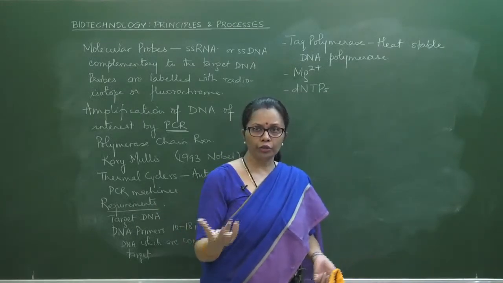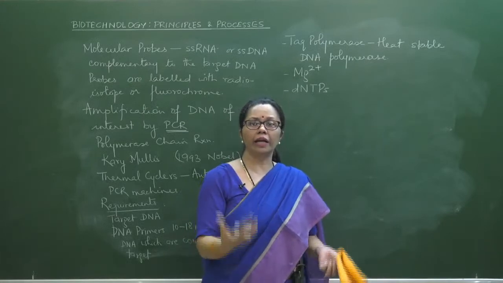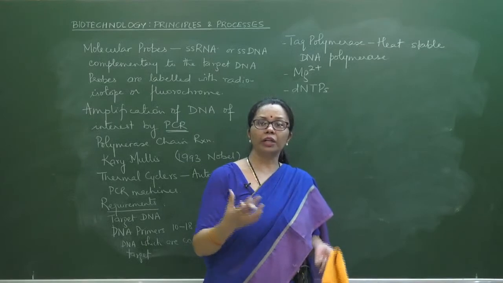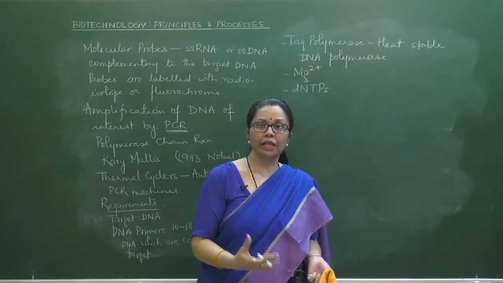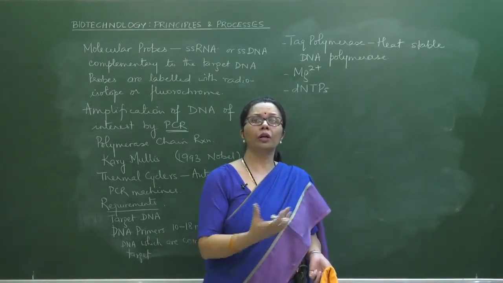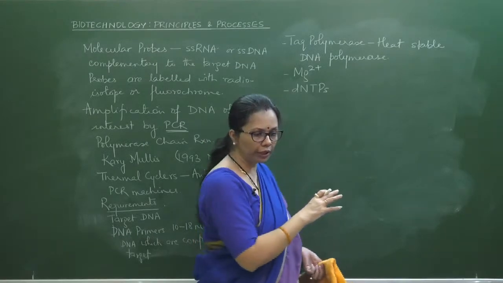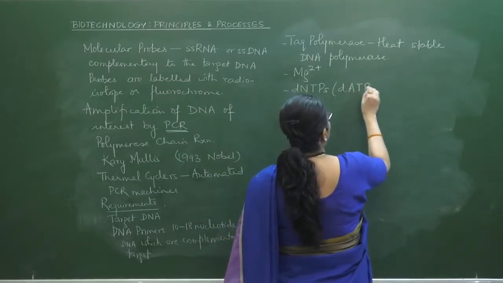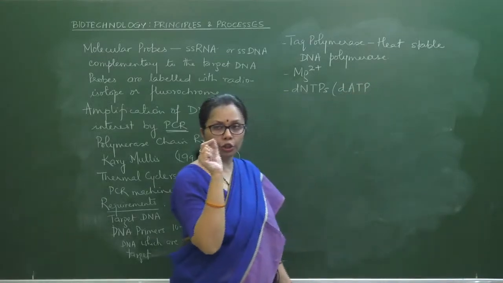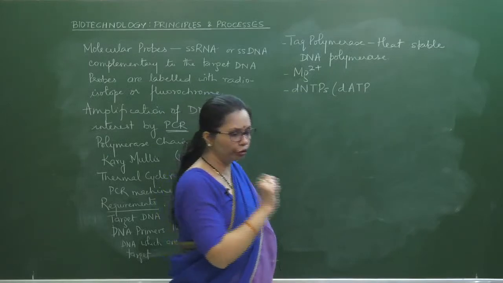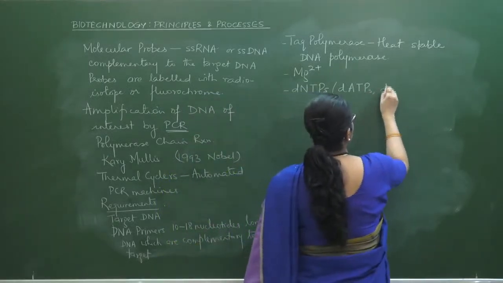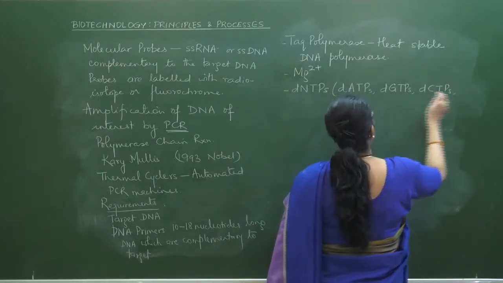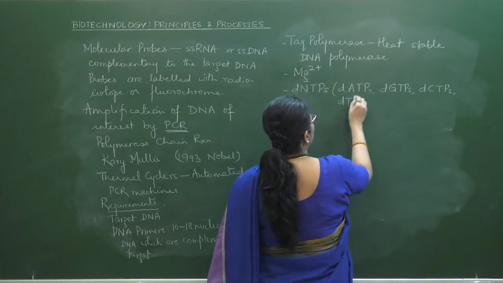The DNA and RNA in the food we take gets digested, absorbed, and is present in the cells. But here, since everything is being done outside the cell in in vitro conditions, it has to be provided from outside. And dNTPs would be dATP, and the d means the sugar here is deoxyribose sugar. So dATPs, dGTPs, dCTPs and dTTPs.